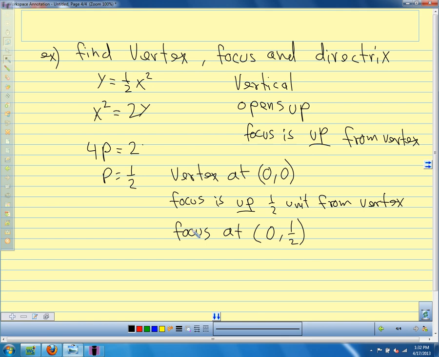The directrix is going to be 1/2 unit down from the vertex. So the p tells us how far we move inside the parabola to get to the focus, and outside the vertex to get to the directrix. So the equation of our directrix is y equals negative 1/2. The directrix is a line.